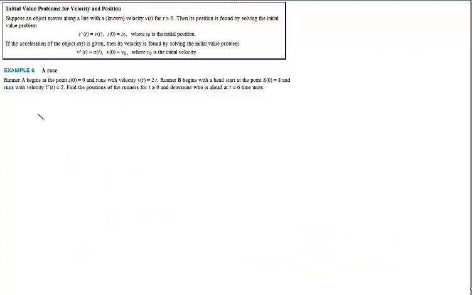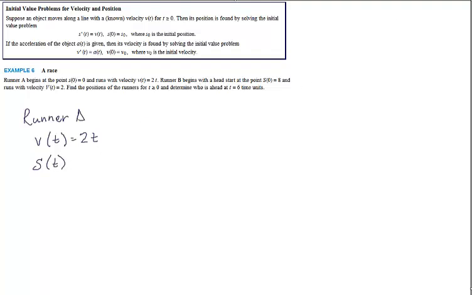Okay, for this next problem, we have a runner A, and runner A has a velocity of 2t. We're concerned about where he is, what his distance is, or what his position is. So what I really want is I want to know what s of t is.